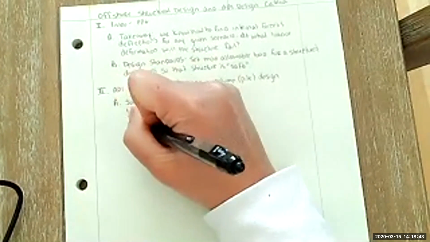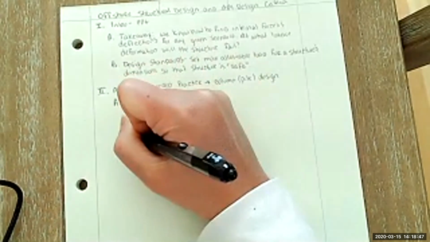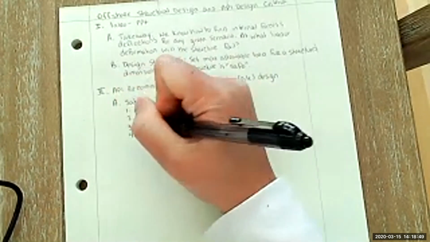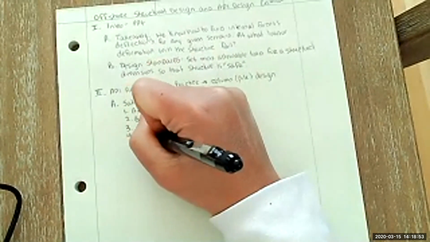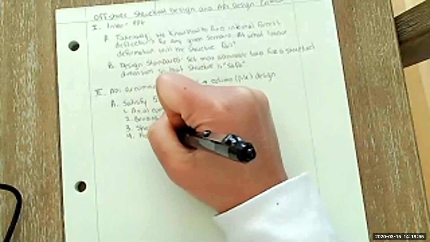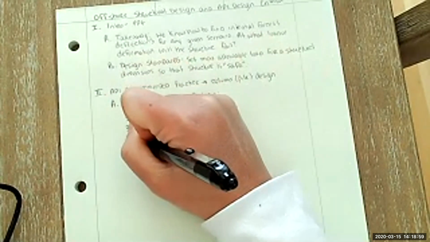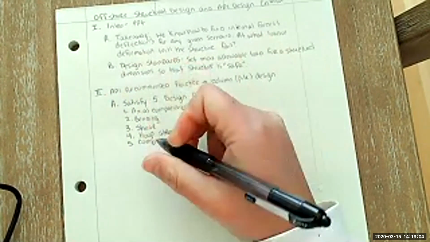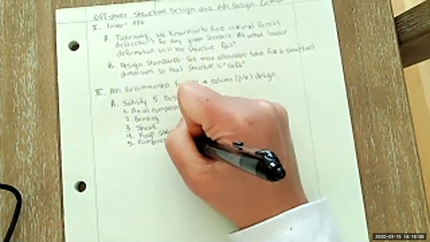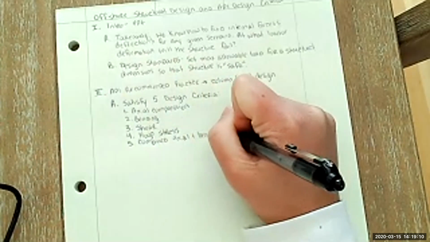And then shear. We also have hoop stress, which is due to hydrostatic pressure. And finally, we have to consider combined axial plus bending stress.